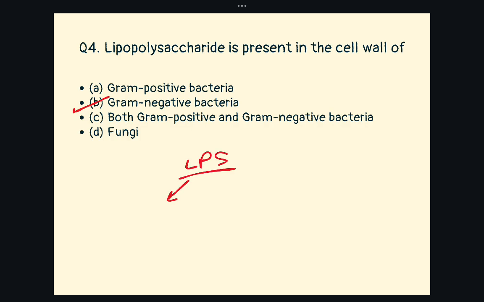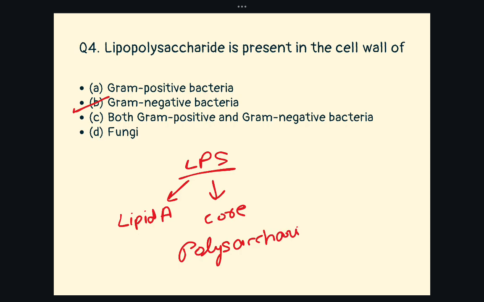The first one is lipid A, then core polysaccharide, and the third one is the O antigen.